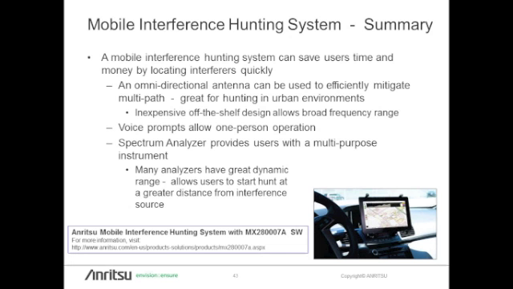There are also tones that can be played, so you can play a tone in the car that goes up in pitch as you get close to the interferer. So there are different ways, depending on user preference, to direct the driver to the interferer. If you want to look down on the map occasionally, there are green arrows that point you where to turn to get closer and closer to the interferer.